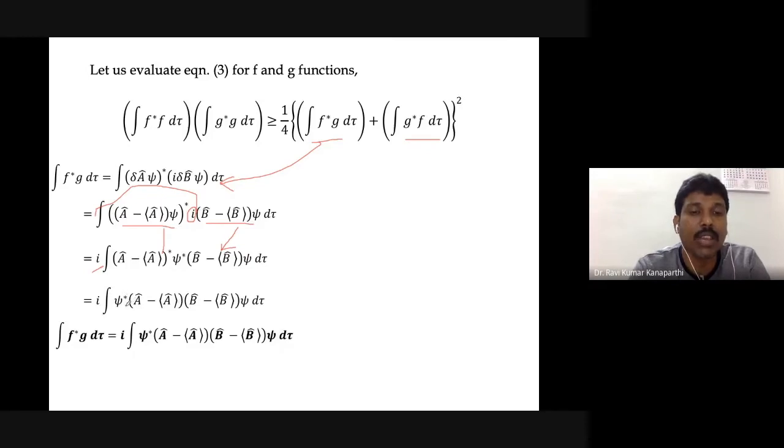In this step I have moved psi from the right hand side of the operator to the left hand side. When I move it, I have to remove the complex conjugate notation.